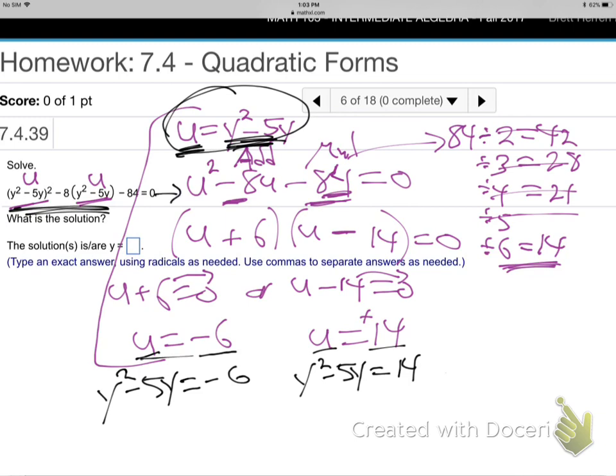We solved that, got our 2 u answers, and then we went back and said, okay, but u all along was really y squared minus 5y. And now we just have to finish up these two equations. So let's start with this one on the left. What do you do when you got a y squared? Get a 0, huh? So jump this over. Get y squared minus 5y plus 6 equals 0.